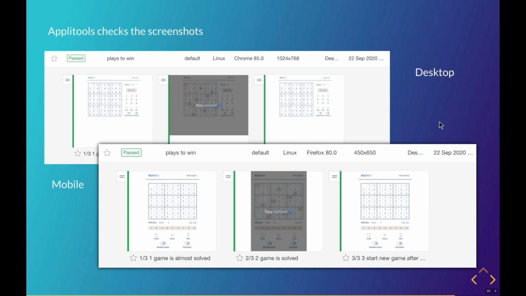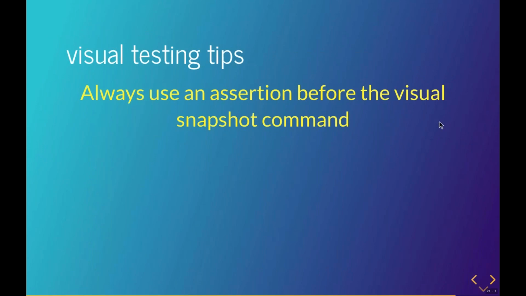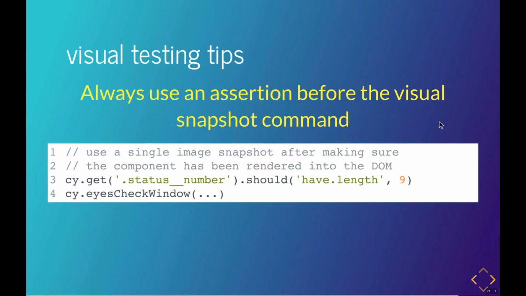Okay, so that was the component testing. A couple of tricks for your visual testing. Like Gil said, like we showed in our examples, always use an assertion before the visual snapshot command. Every command in Cypress is asynchronous under the hood. They will retry.